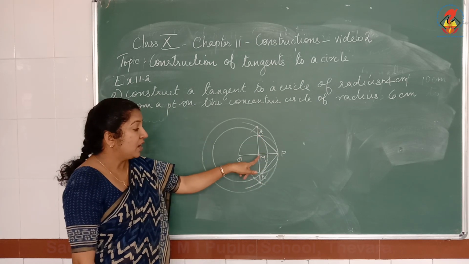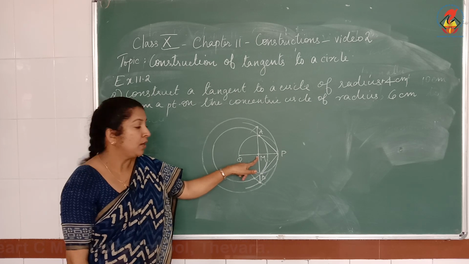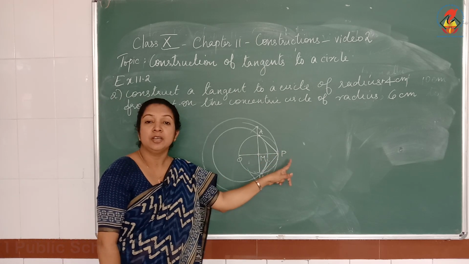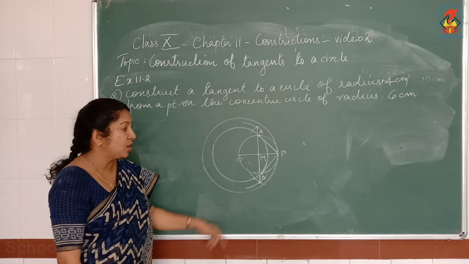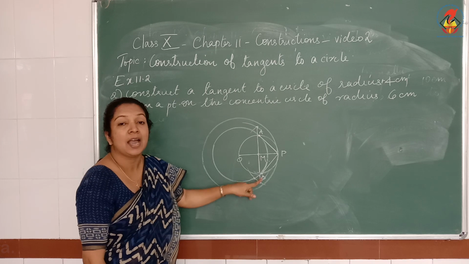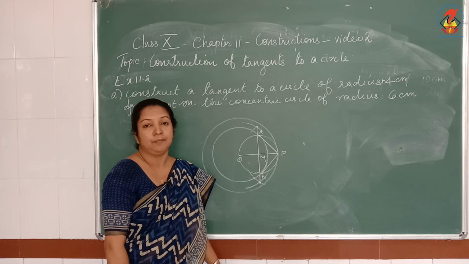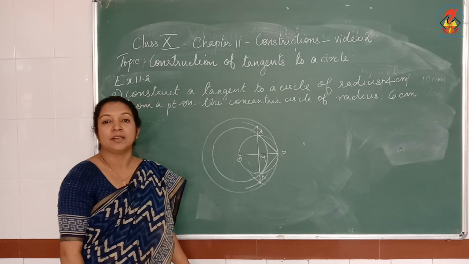After that we marked M as the midpoint. Then taking M as the center and MP as the radius, we drew a circle. These two circles intersect at the points A and B. Join AP and BP. These two are the required tangents.